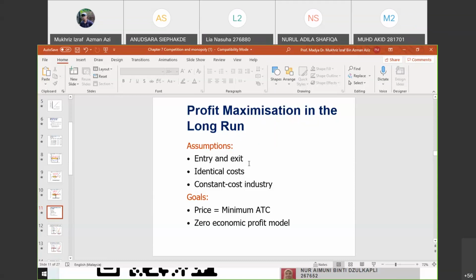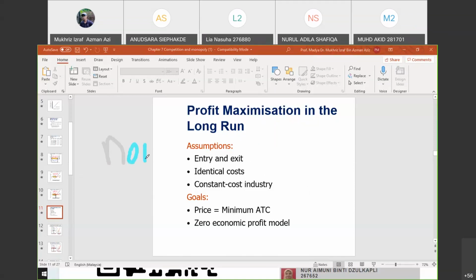When there are many sellers selling the same thing, of course some sellers cannot sustain or compete, so they need to exit the market. But in the long run, we assume that those who are able to survive in the market can only make normal profit.